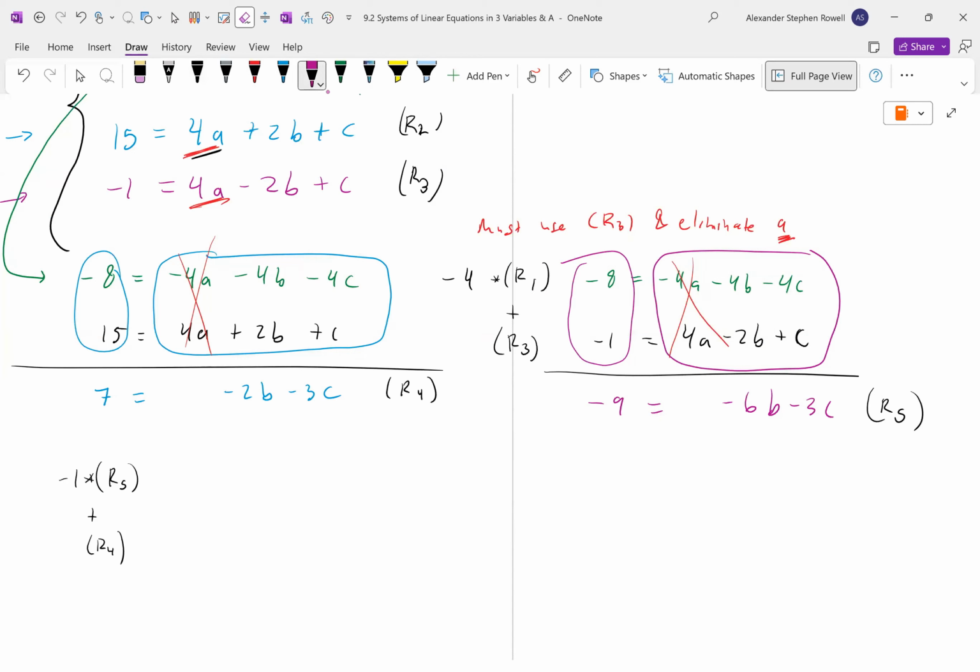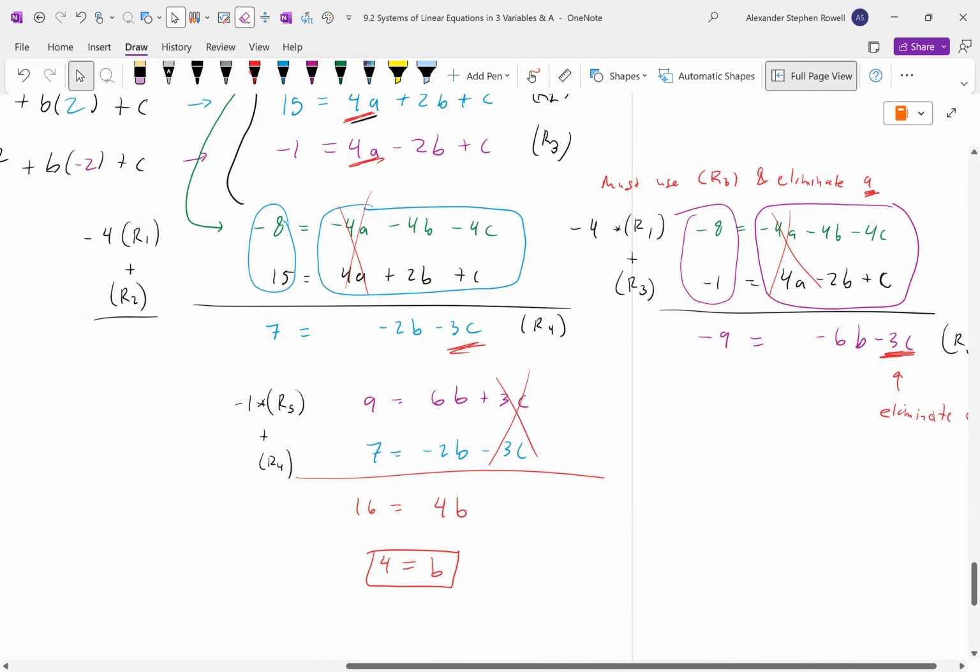So that would be 9 is equal to 6b plus 3c. 7 is equal to -2b minus 3c. If we add these together, we get 16 is equal to... we eliminated c by design, and so we get b is equal to 4. Are there any questions about this?